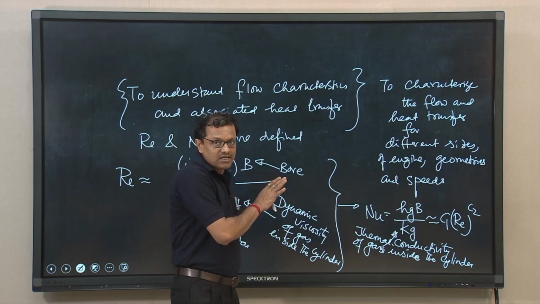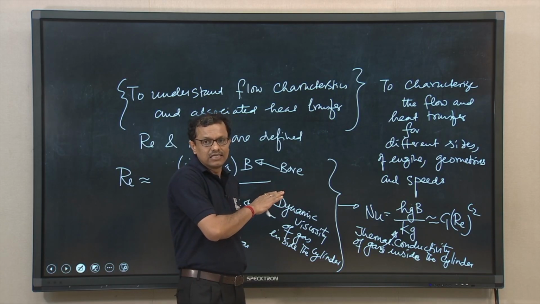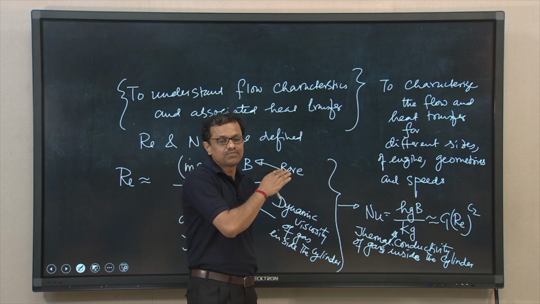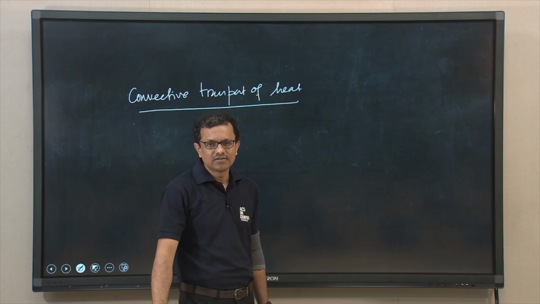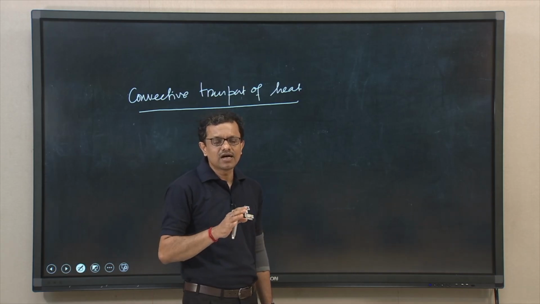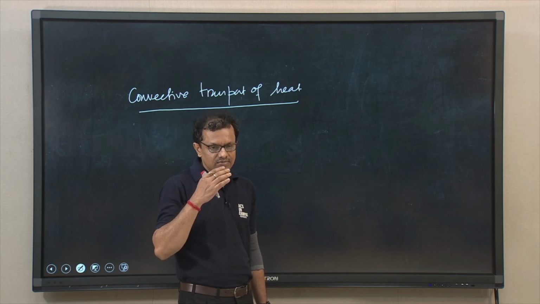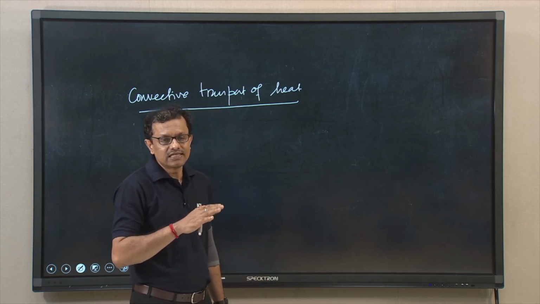Until now, whatever we have discussed is convective transport of heat inside the cylinder, that is from the gases to the inner wall of the cylinder. So, the Reynolds number and Nusselt number that we defined are for the convective transport of heat inside the cylinder.